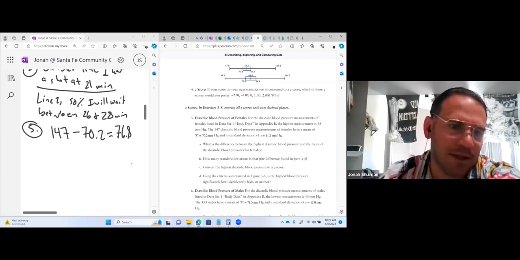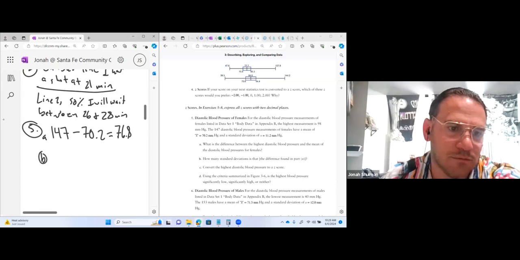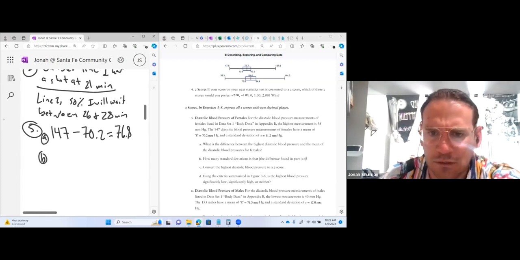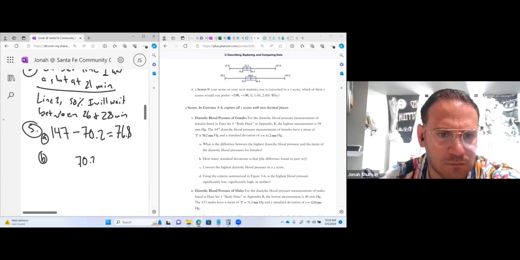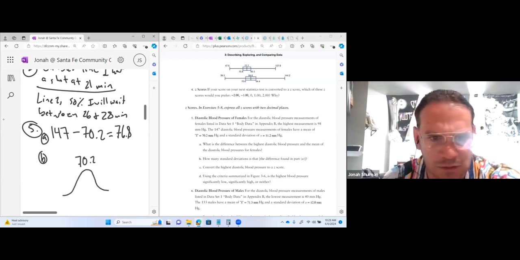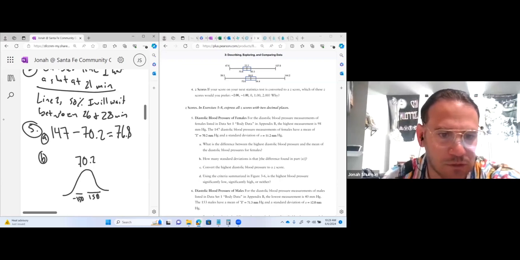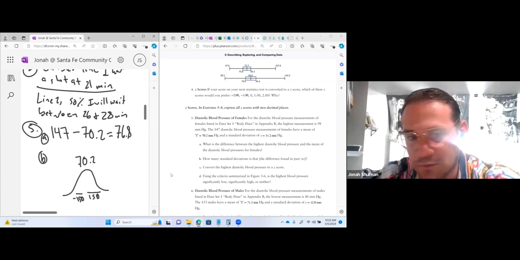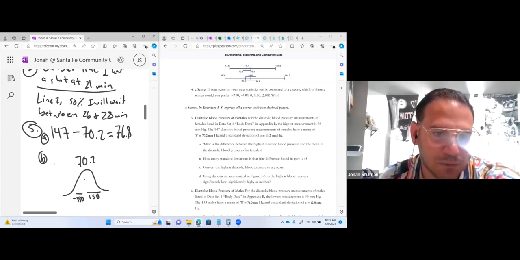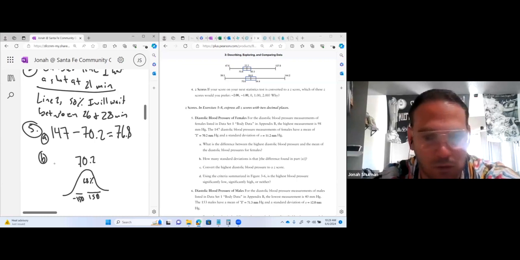So that's part A. Now for part B, if I have a mean of 70.2, I always visualize the picture. Each standard deviation is 11 away. So if I go 11 one way, this is 1 SD, and minus 1 SD. Remember, this is 68% of all the scores, okay?